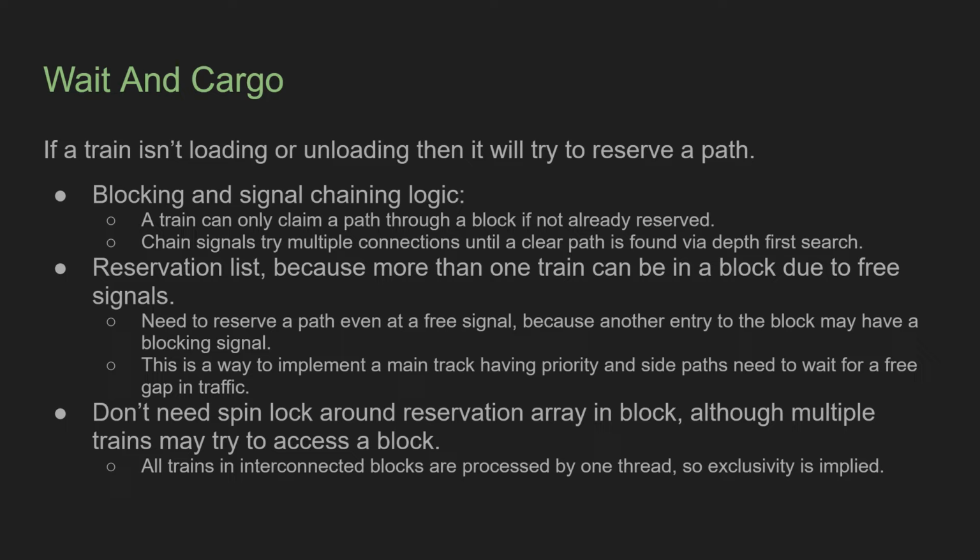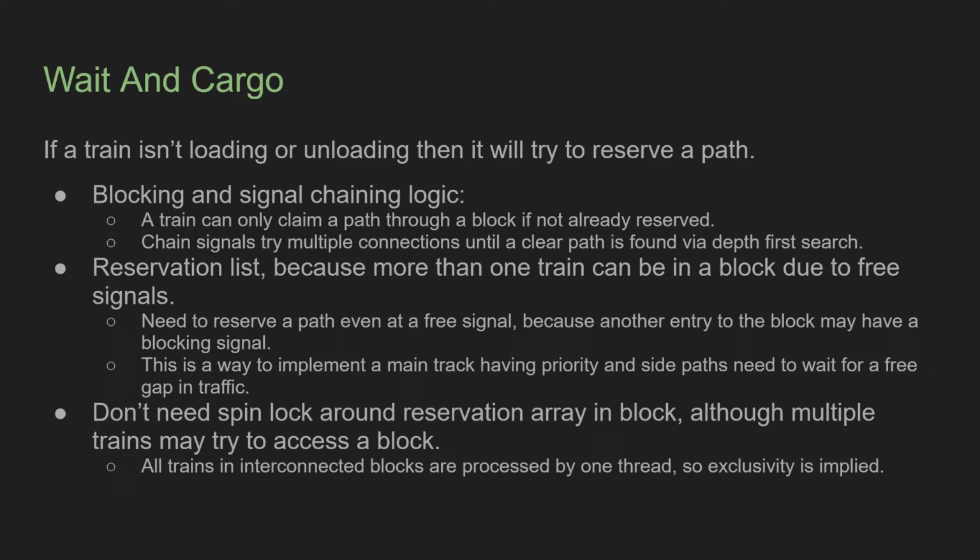Situations in which you would want a free entering and also a blocking entering into the same block are probably somewhat rare, but it is possible to create a priority signal through this means, where if you have a main line, trains can enter it freely, and you could have a side line enter to the main line with a blocking signal, which is basically a yield.